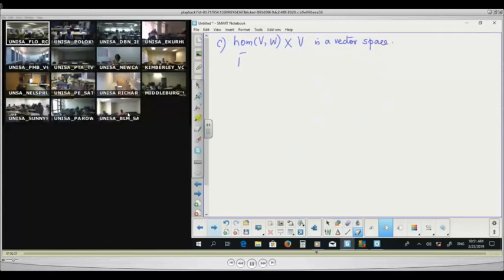Okay? Now fix any A from V. So here is this map, which I'll write as... A is not a good symbol.